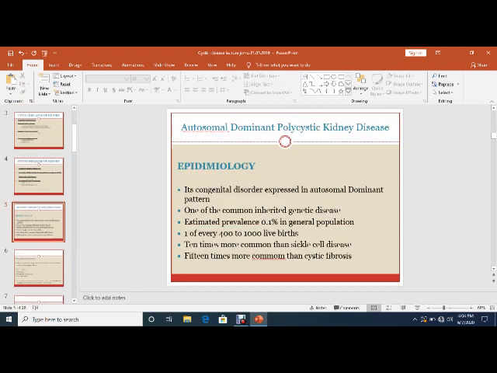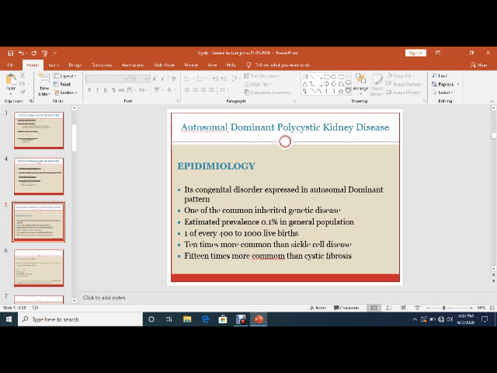So coming to the important type of cyst, that is called ADPKD, autosomal dominant polycystic kidney disease, or adult polycystic kidney disease. It is a congenital disorder and autosomal dominant.